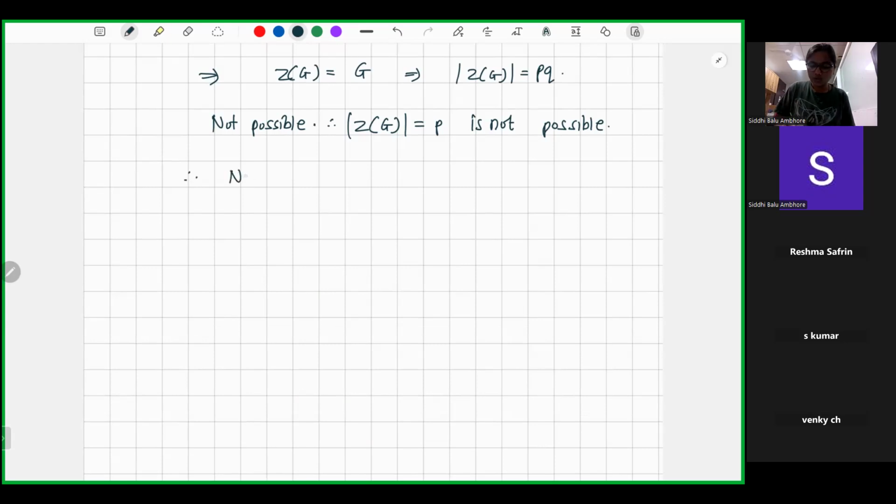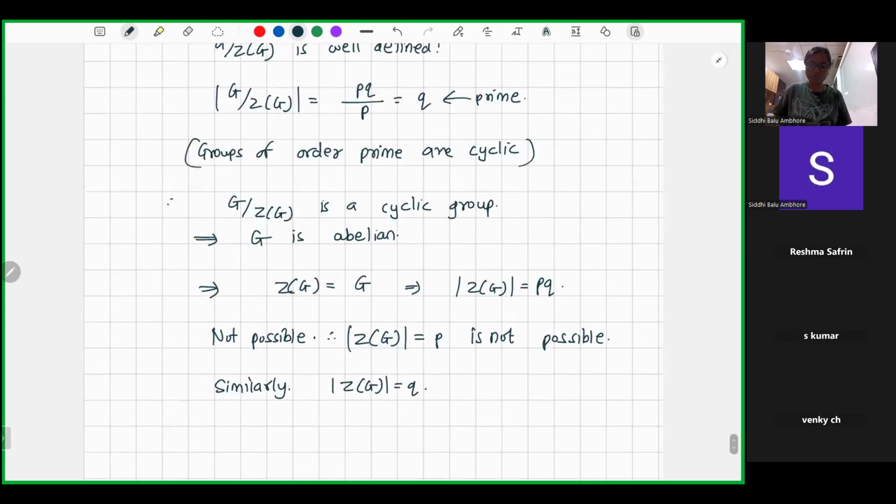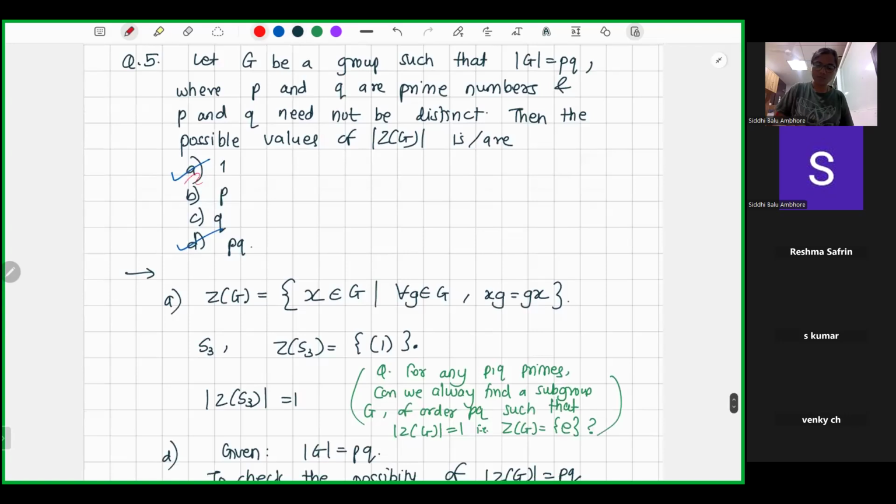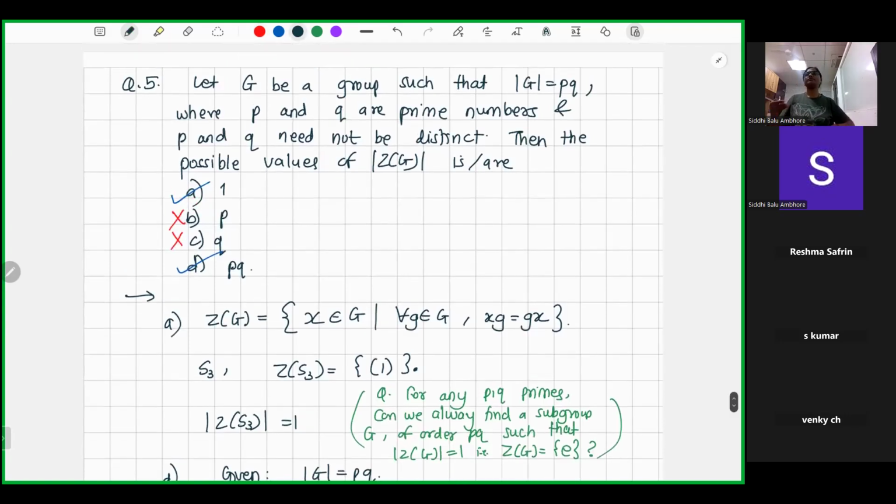Therefore it's not possible. Similarly for P, if the order of ZG is Q. So both of these, P and Q, are not possible. This is also one thing which you can remember: if the size of G is P times Q, where P and Q both are prime, then the size of the center of G will always be either one or the whole group.